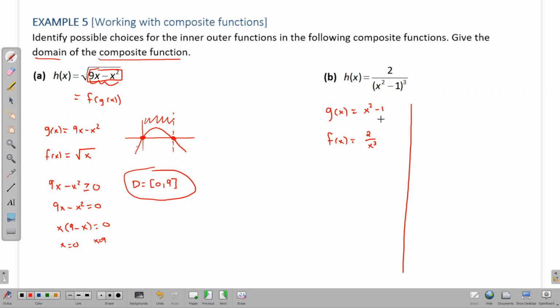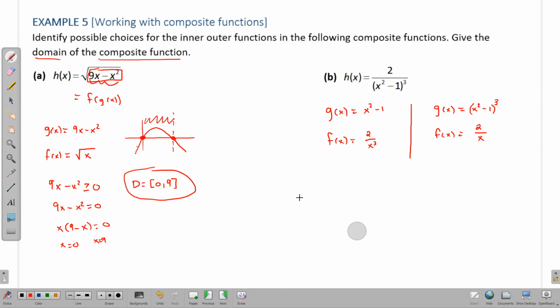There's not just one answer that you can use here. So, for example, a different option would be you could say g of x is x squared minus 1 all cubed. And then f of x would simply just be 2 over x. So, different functions, but they give the same composition as this.